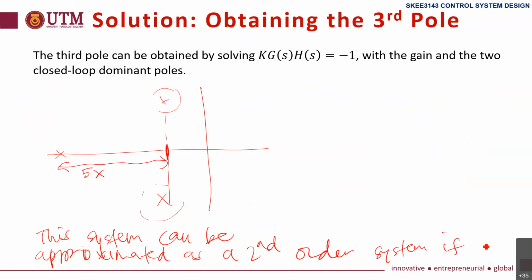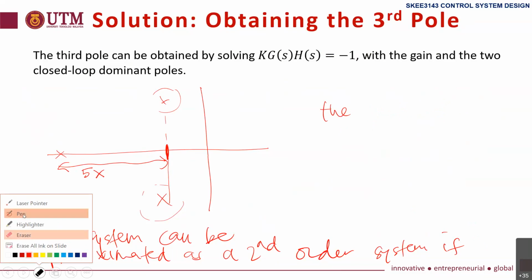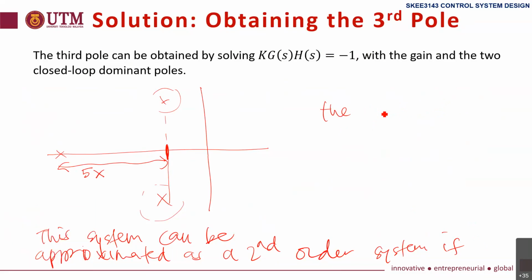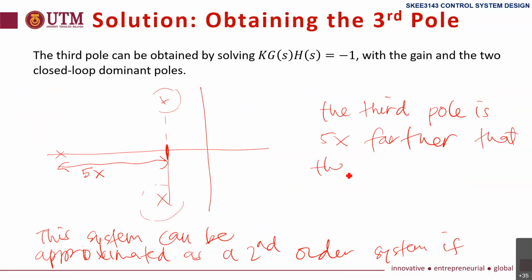If the third pole is 5 times farther than the 2 poles.